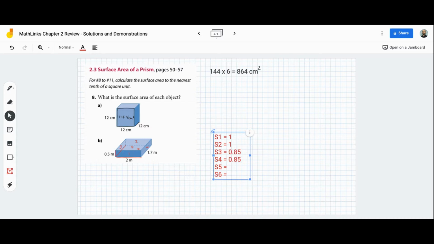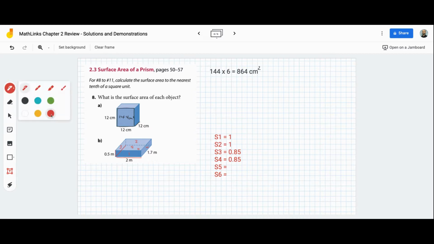0.85. And then we come to side 5, which is the top and the bottom of this rectangle shape. So follow with me as we think carefully about the dimensions of this shape. We go here, we've got 2 times 1.7.